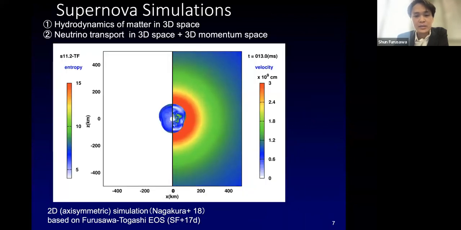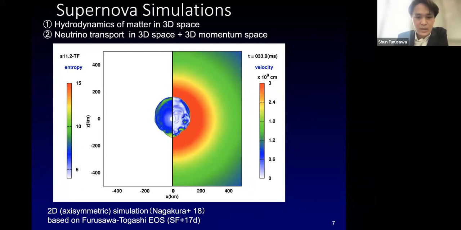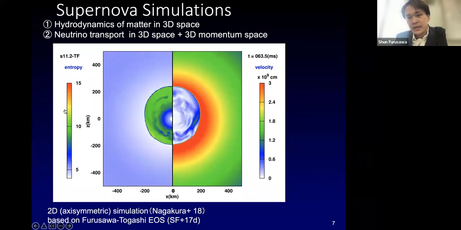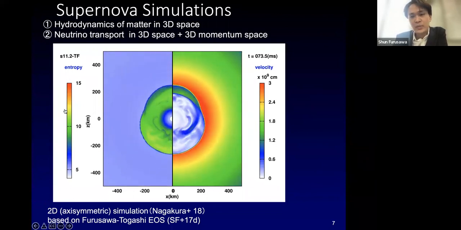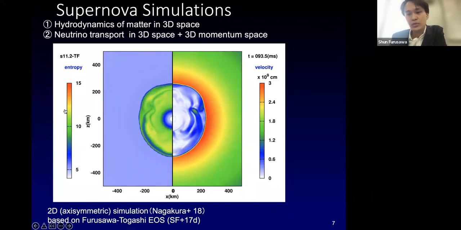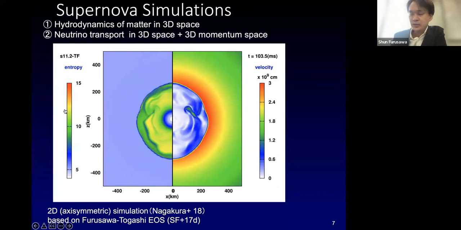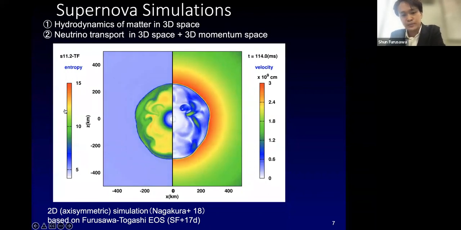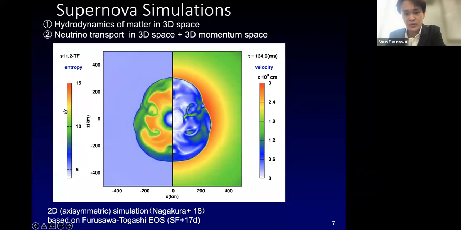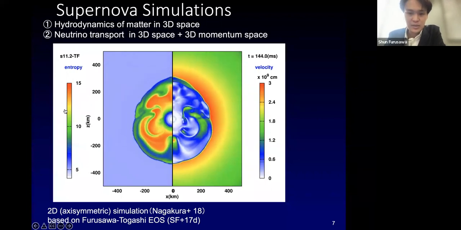And this is one supernova simulation. In supernova simulation, we have to solve the hydrodynamics of supernova matter in 3 dimensions. In addition, we have to solve neutrino transport. So we have to calculate the time evolution of the neutrino distribution in 3D space and 3D momentum space.